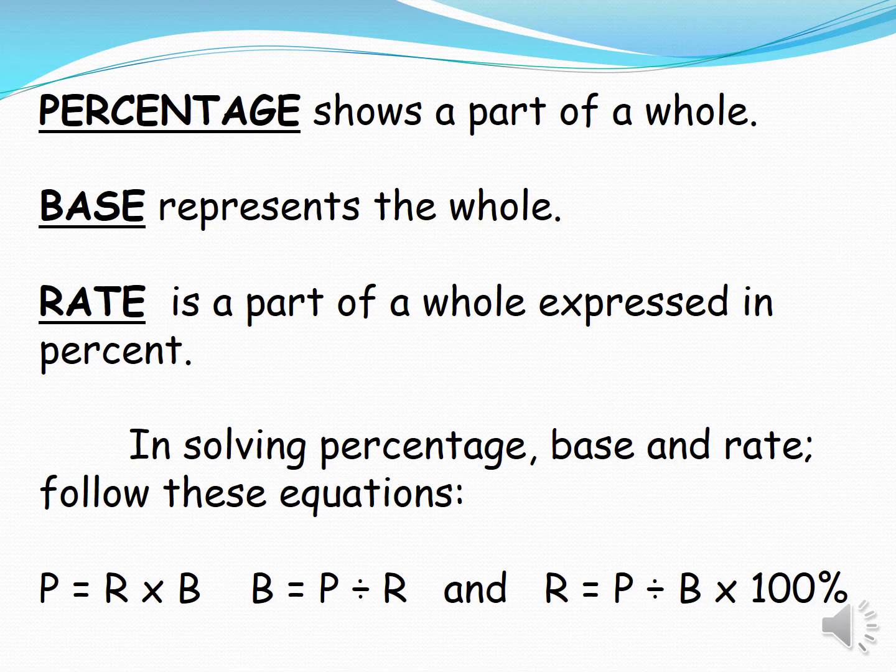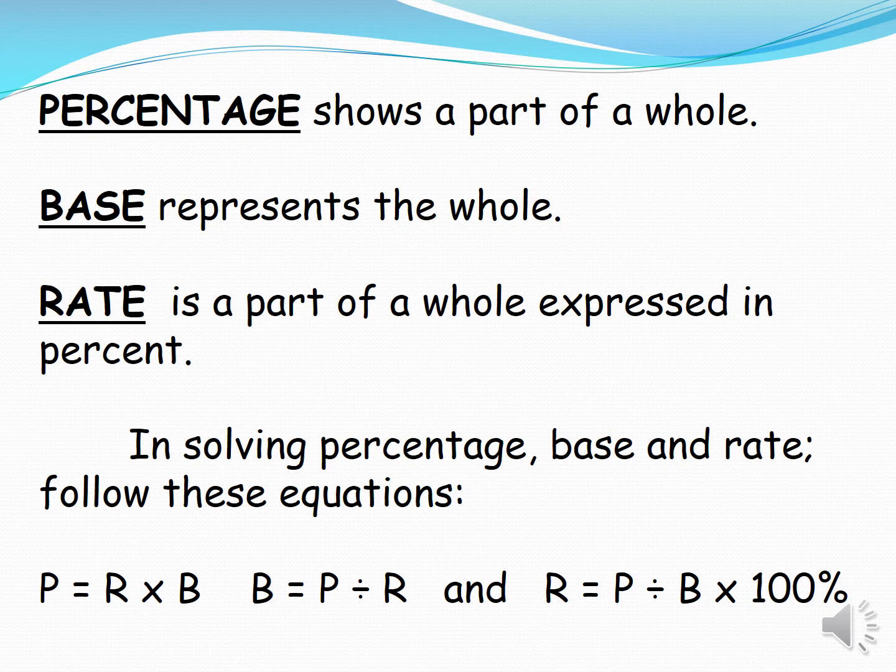Percentage shows a part of a whole. Base represents the whole. Rate is a part of a whole expressed in percent. In solving percentage, base, and rate, follow these equations.